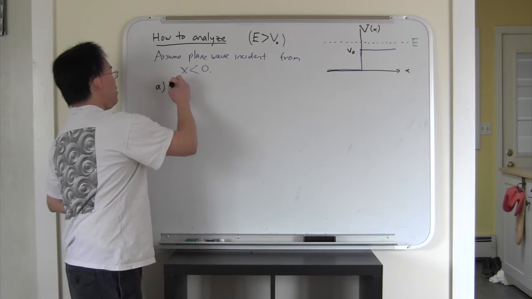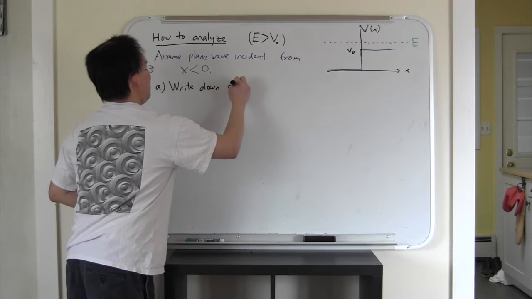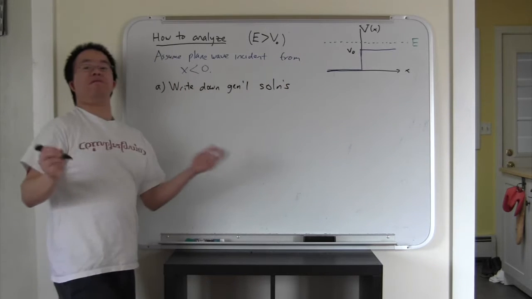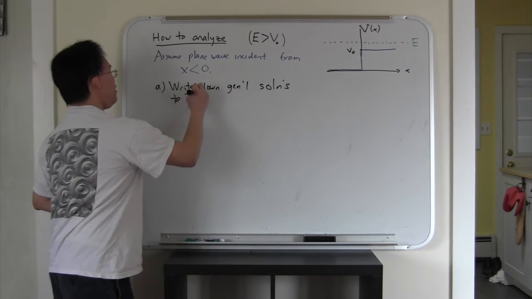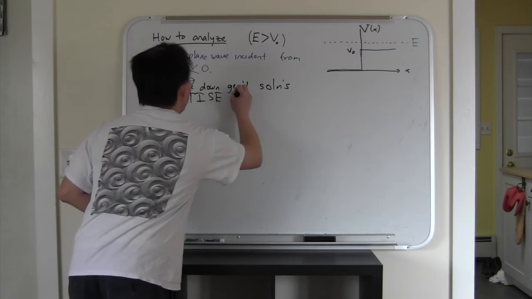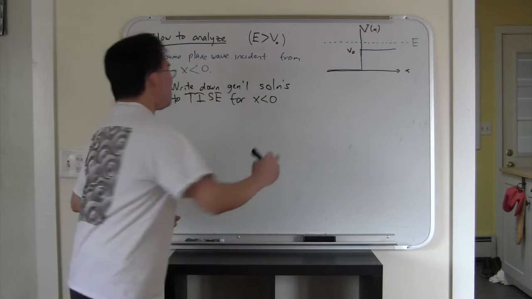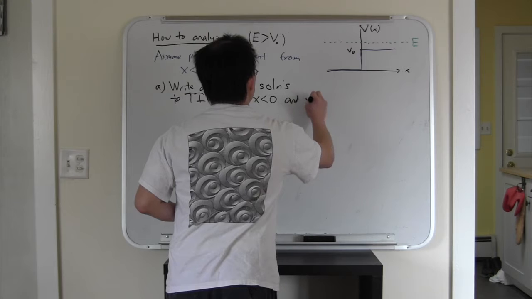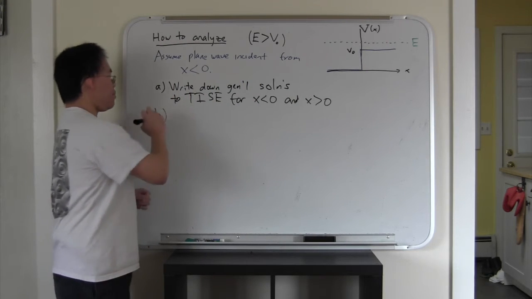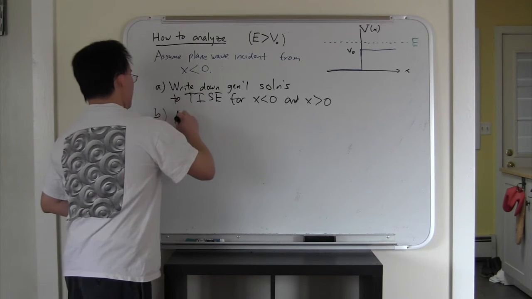So we write down general solutions to the time-independent Schrödinger equation for our two regions, x less than 0 and x greater than 0. And the second important thing we're going to do, like we did before, is to apply boundary conditions.